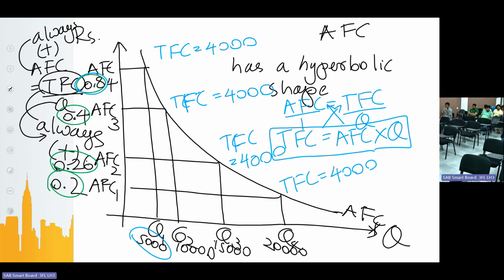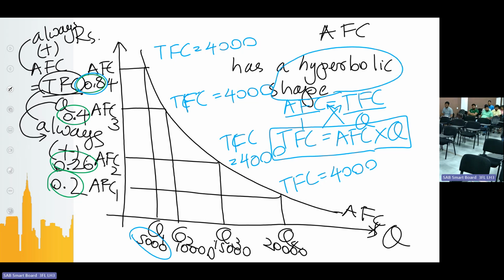So when we multiply output level and corresponding AFC values, we always get the same answer, 4,000, which is total fixed cost. That is why we call it a hyperbolic shape.